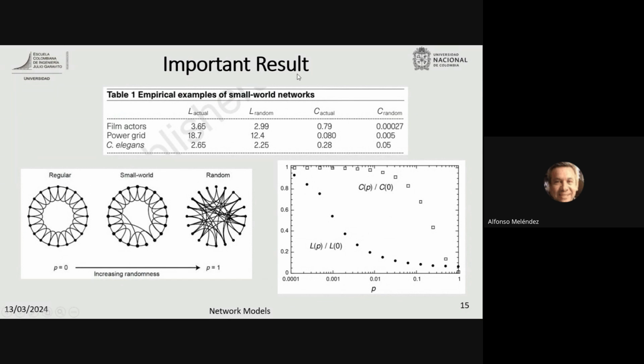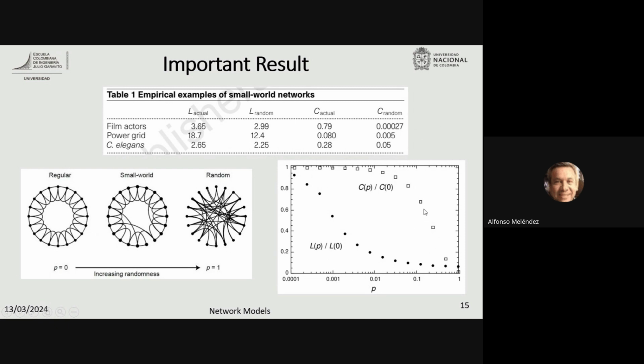Okay, I'm going to recapitulate the important result of the article. It was mentioned in the video. As you increase the randomness, you get the small world. This is what you saw in the graphs. These points are the path lengths, and this is the clustering. Look that there is a point here where the clustering descends rapidly. So I guess from, I don't know, 0.001 to 0.1, we have this band of a small world.